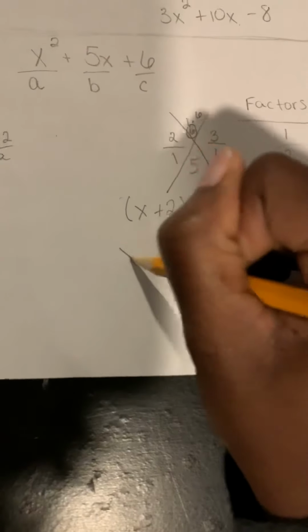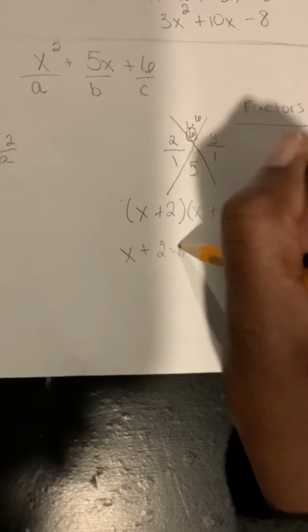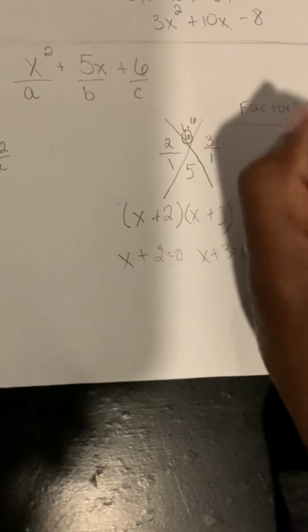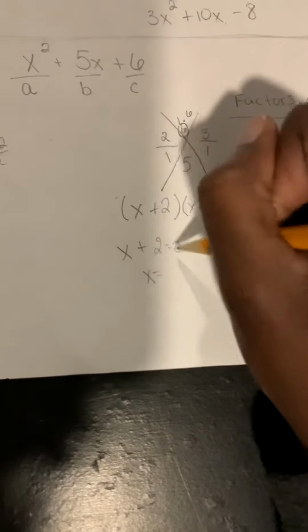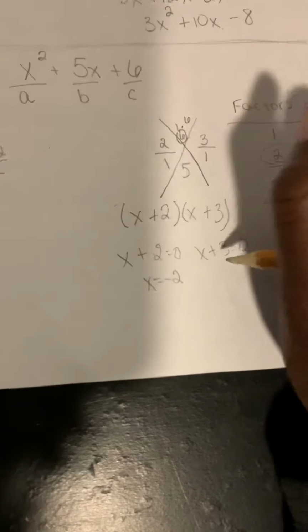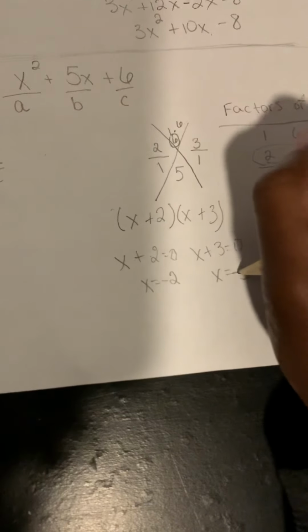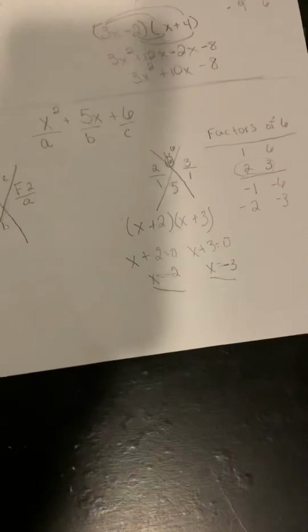So if you had x plus 2 equals 0 and x plus 3 equals 0, we have x equals, move this to the other side, change the sign, move the 3 to the other side, change the sign. If you were actually solving it, these would be your two answers.